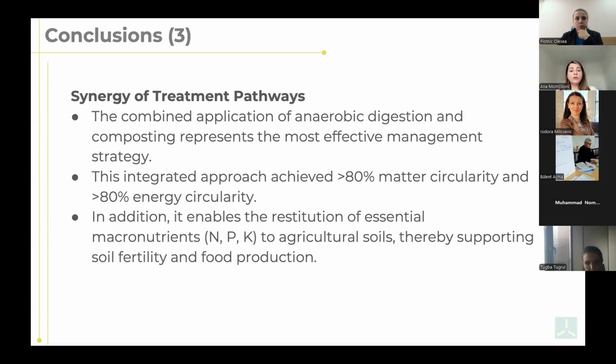It's important to combine anaerobic digestion and composting, maybe even include fermentation. And there should also be a restitution of essential nutrients such as nitrogen, phosphorus, and potassium back to agricultural soils.